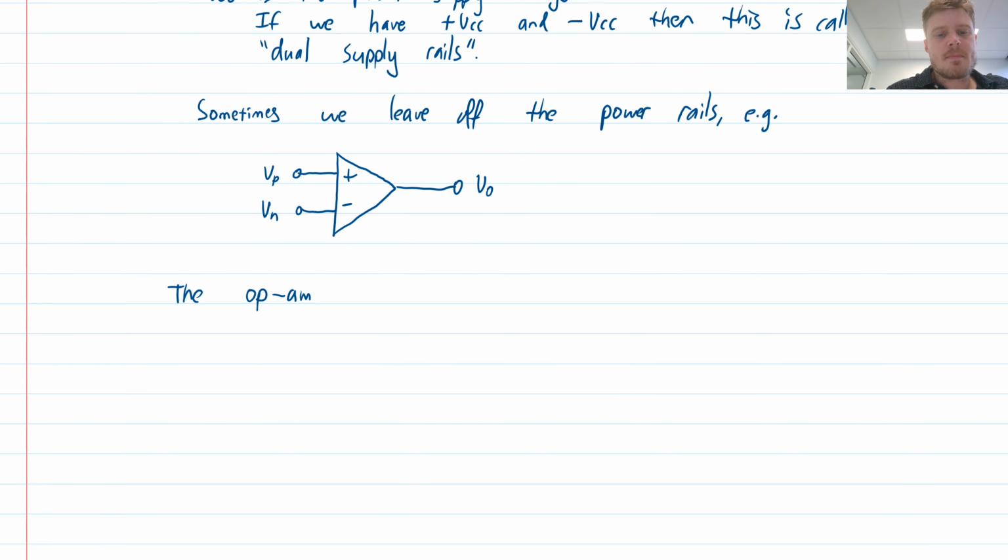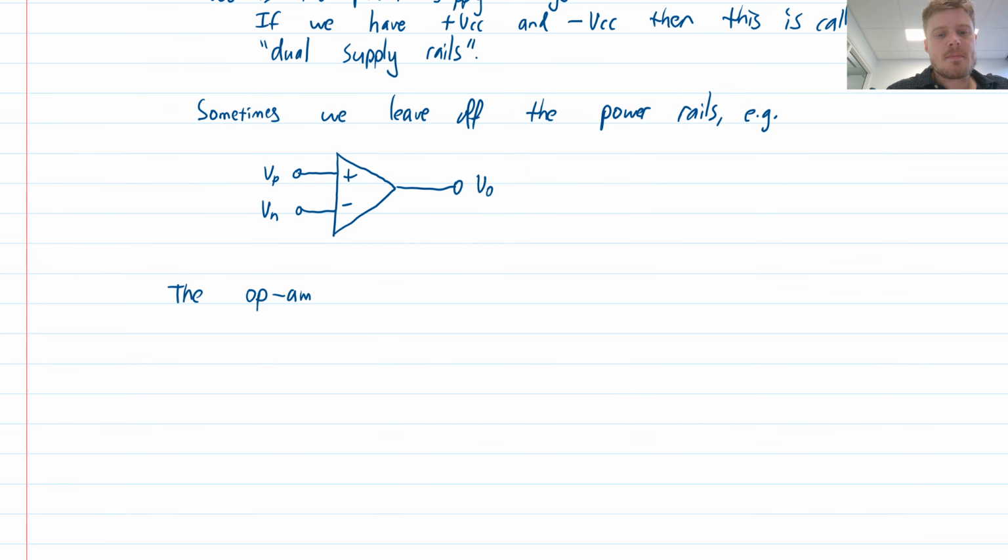So VP minus VN. So it produces this voltage which is proportional to the difference in the input voltages. So that's the key point of how an op-amp actually works.